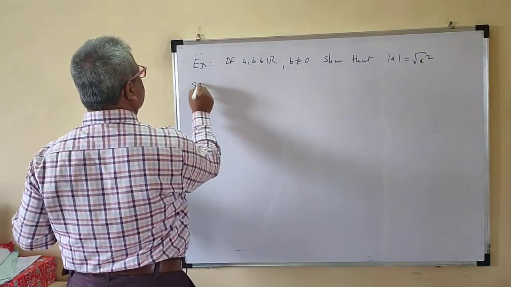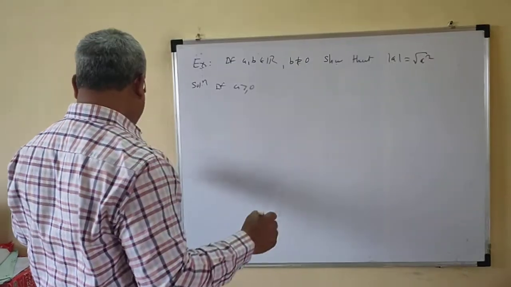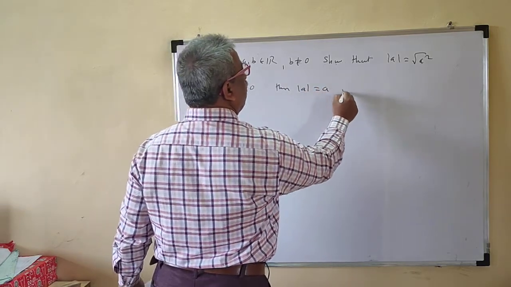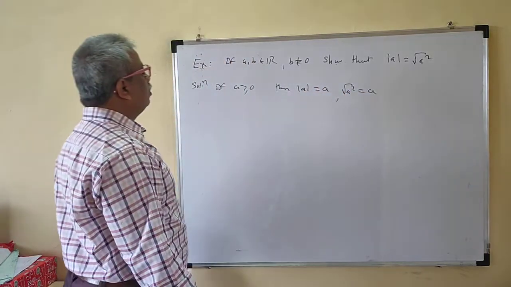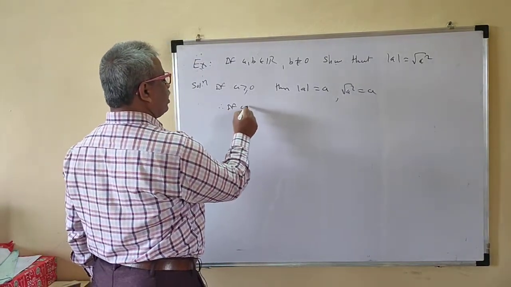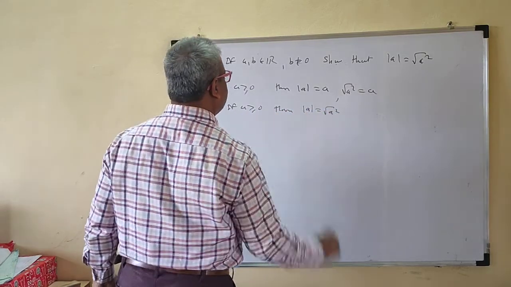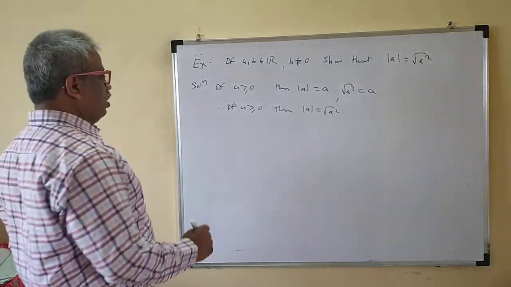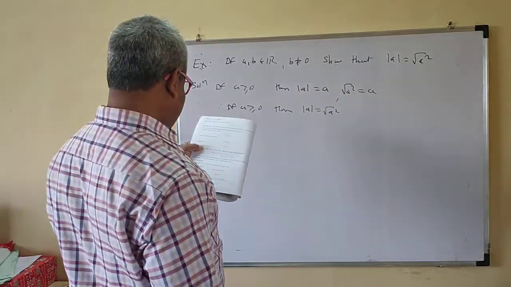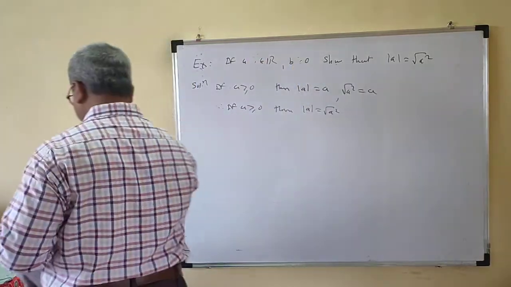Solution: if A is greater than or equal to 0, then mod A is equal to A, and root of A square is also A, right? Therefore if A is greater than or equal to 0, then mod A is equal to root of A square. So that means if A is positive, why is this B? B should not be there, okay? And A is not equal to 0.